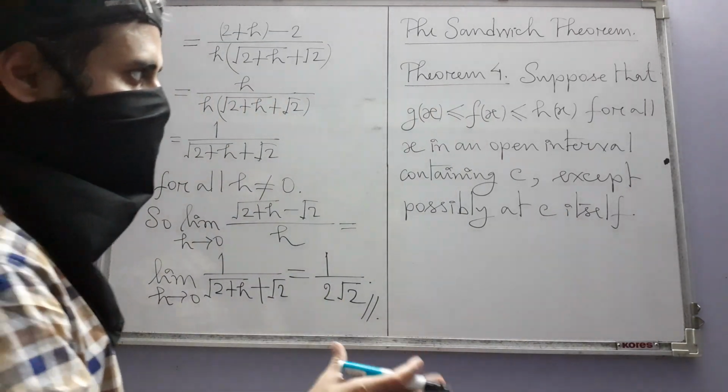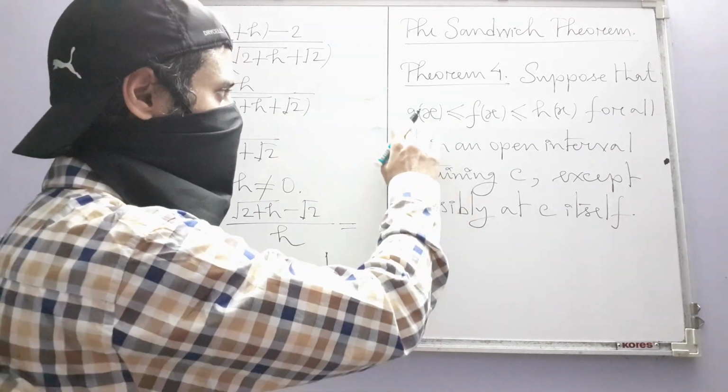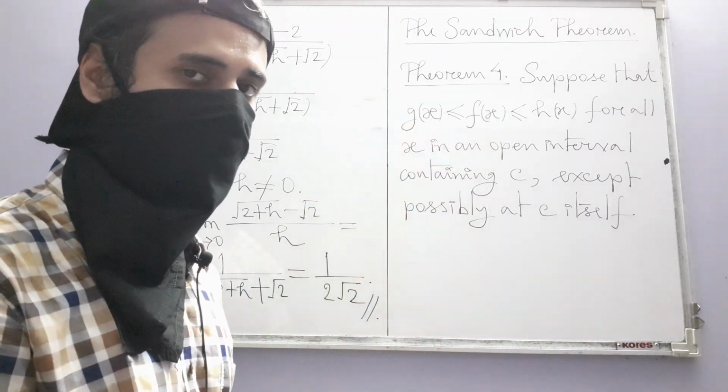So that means we have all the things in order for us to talk about the limits of these functions as x tends to c.